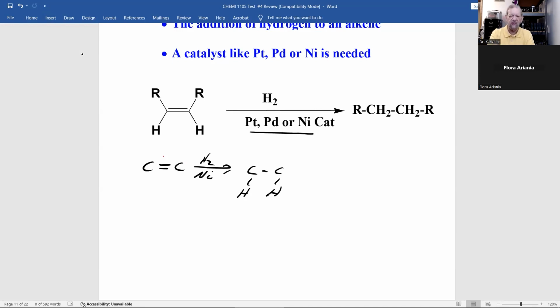Now, an important concept in organic chemistry: 99.99% of the time, you never break carbon-carbon single bonds. No, you don't.